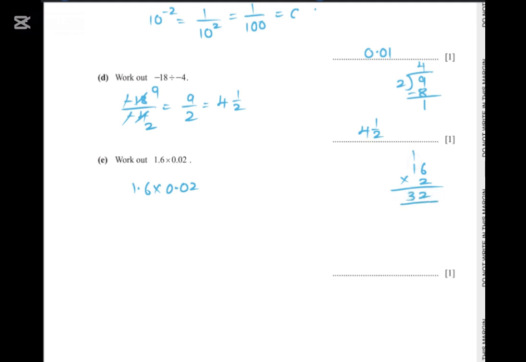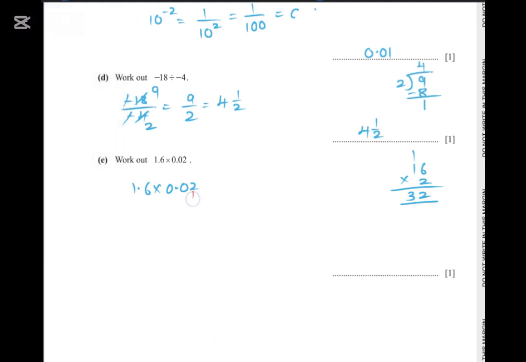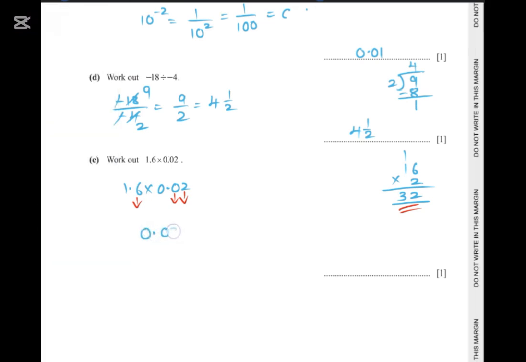Now we need 1, 2 and 3 decimal places in this number. So you can write the answer as 0.032. So 0.032 is the answer.